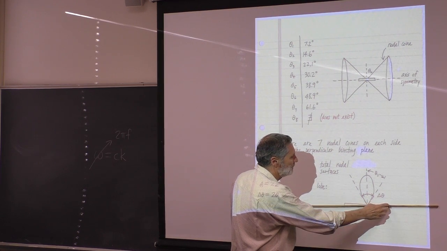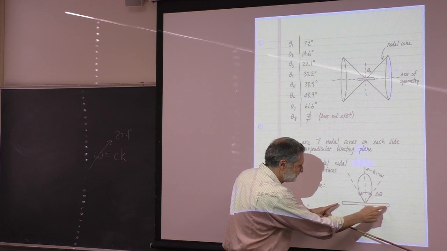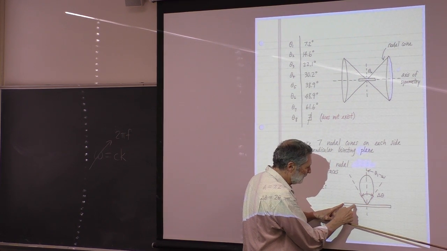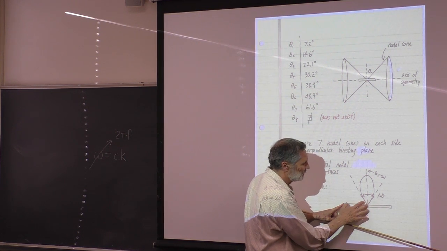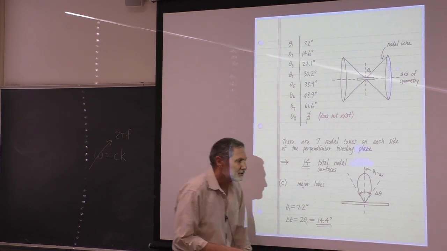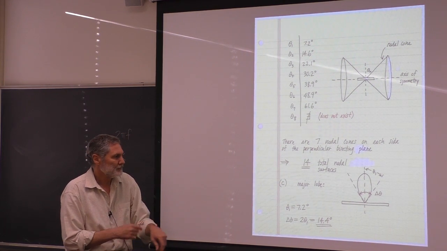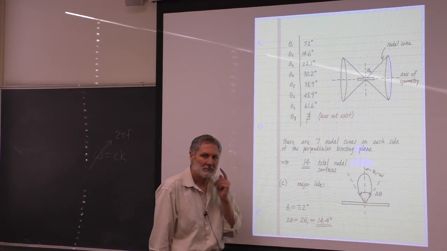I guess this actually is probably not obvious, but if you think about it, I think you'll realize that if you imagine splitting this up into a bunch of little sources, there's no way that you can have complete constructive interference when you get off this axis.